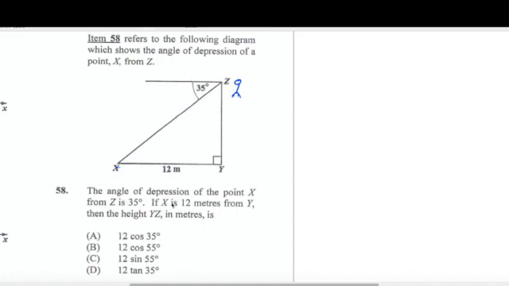The angle of depression of the point X is 35 degrees. If X is 12 meters away, we see the 12 there from Y, then the height is what?